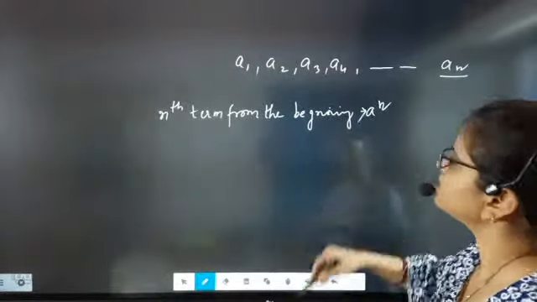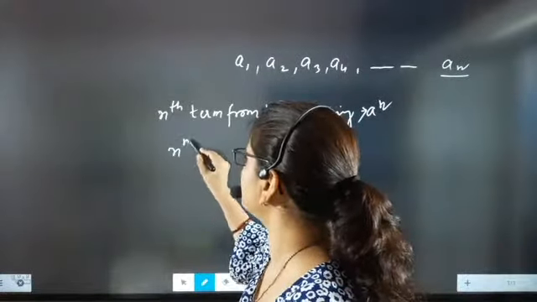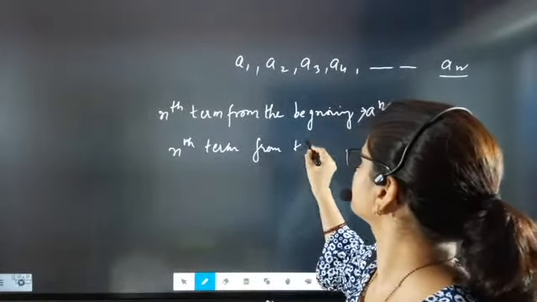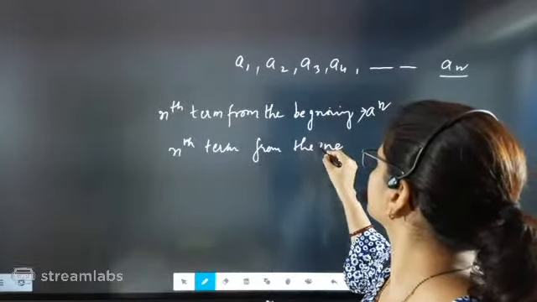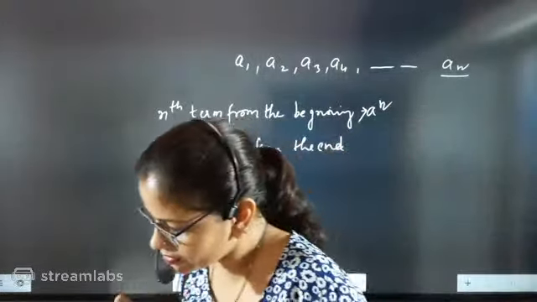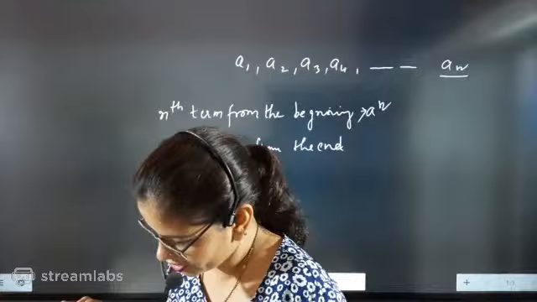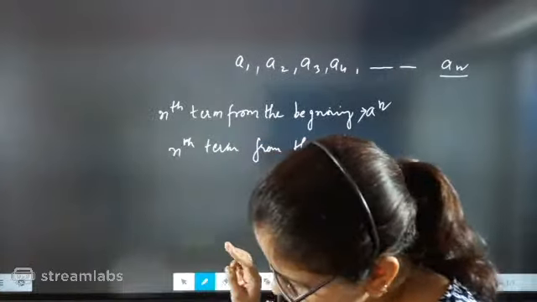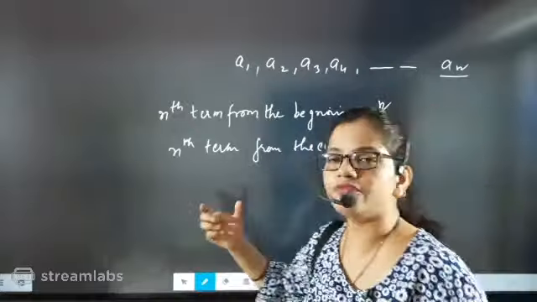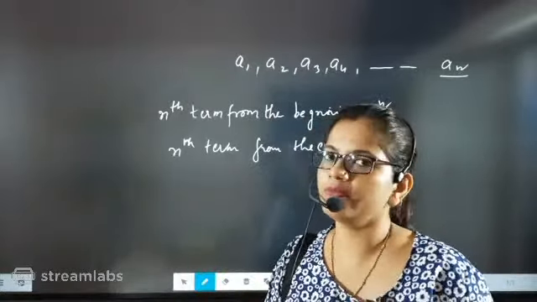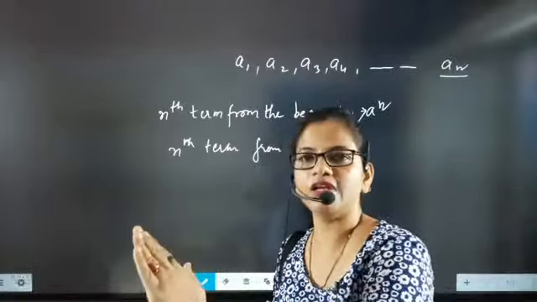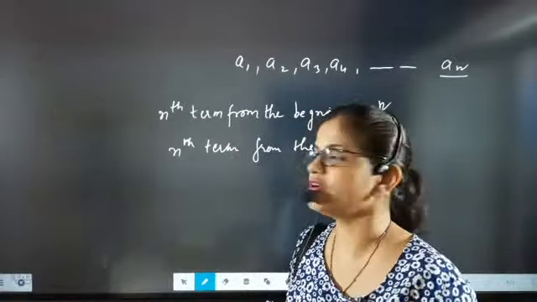And then, beta, if somebody asks what will be the nth term from the end. So nth term from the beginning and nth term from the end, this is very important to remember. These two are very important parts, beta. Both the formulas will be different, beta.